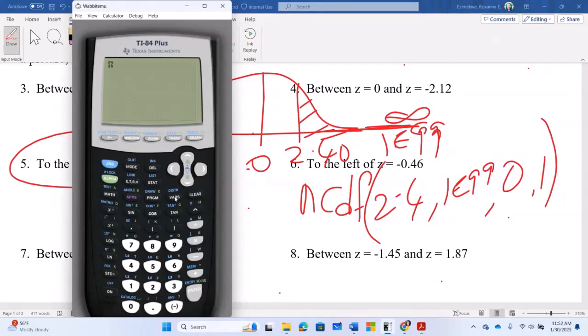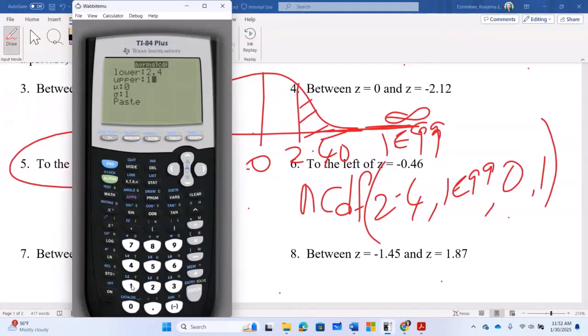Second distribution again. I'm looking for area under the normal curve. Number 2 is area under the normal curve. And the question is asking me to find area from 2.4, which is smaller than positive infinity. So lower bound is 2.4. Upper bound is infinity. How do I type positive infinity in my calculator?